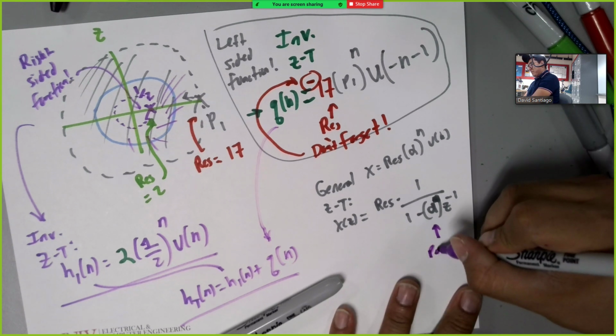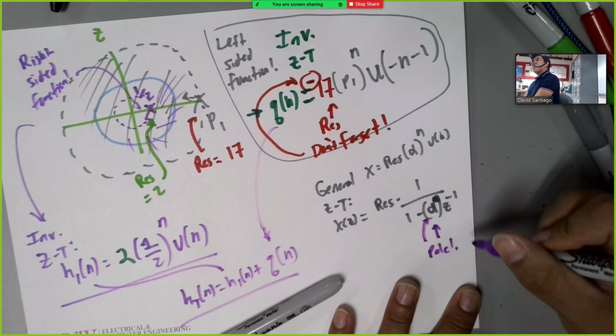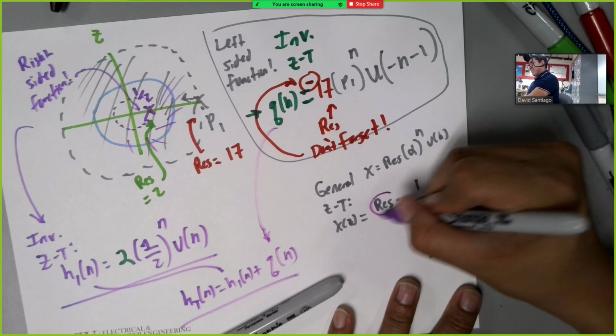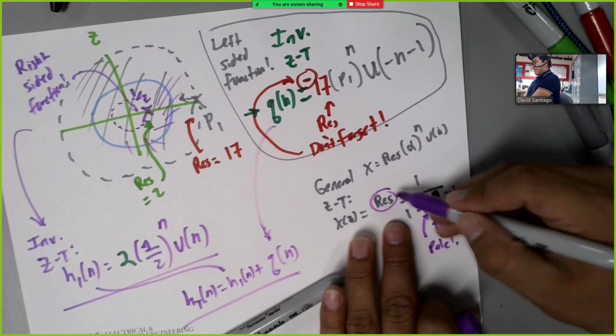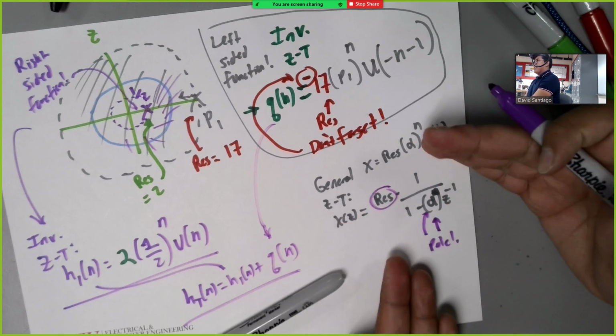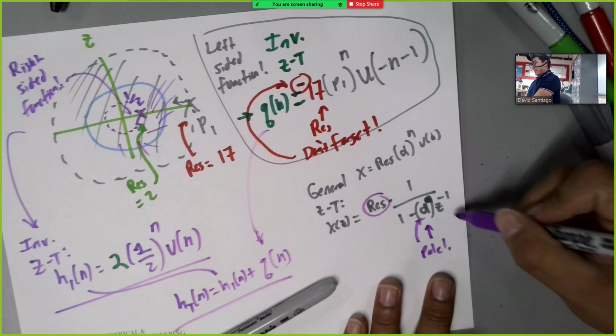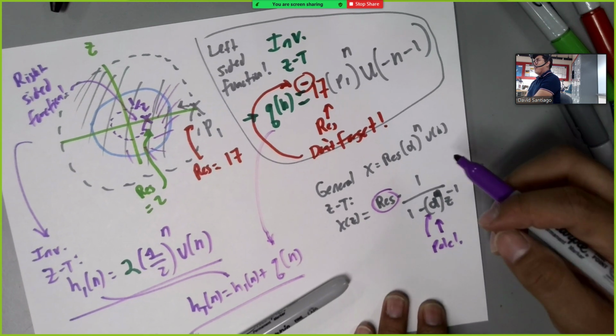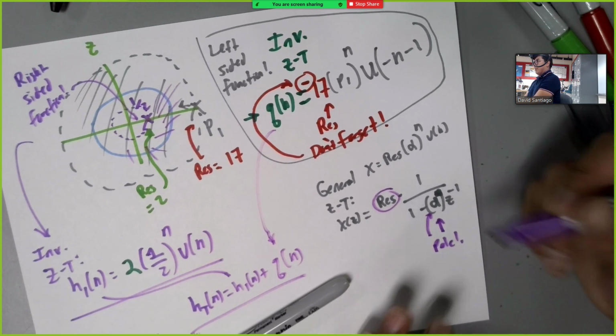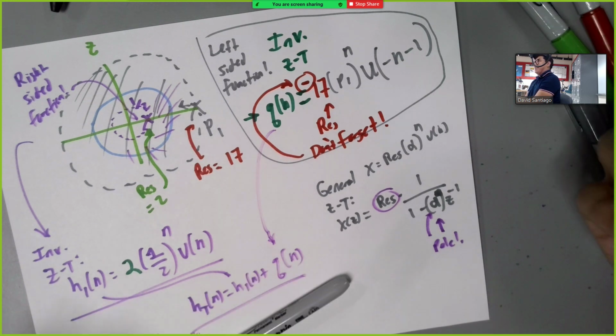That's your pole. Here's your residue value, whatever coefficient is there. That's how much the pole weighs. And then that's your z to the minus 1. We're dealing with z to the minus 1s because that's how we represent delay.